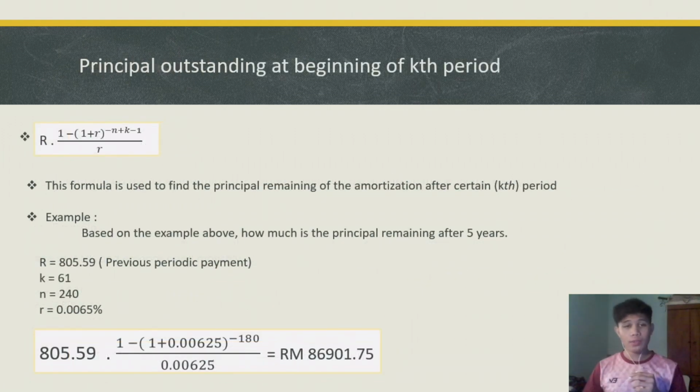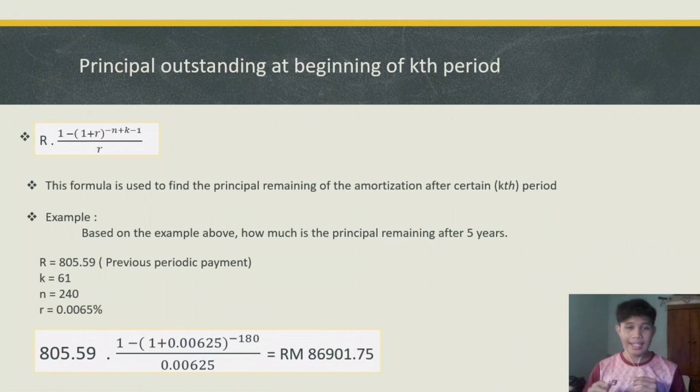Now we'll proceed with the principal outstanding at the beginning of the kth period formula. This formula is used to find the principal remaining of the amortization after a certain period. So based on the previous example, how much is the principal remaining after 5 years? According to the formula, the only thing we don't know yet is k.